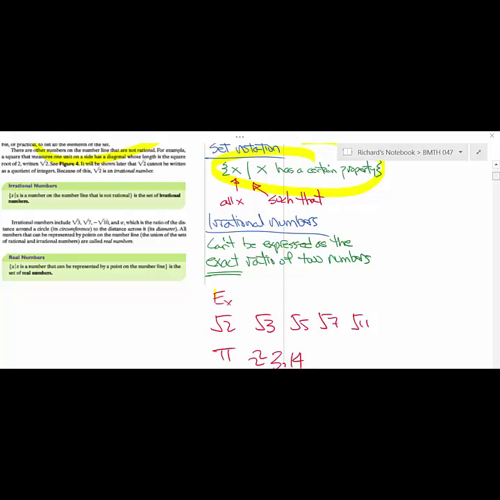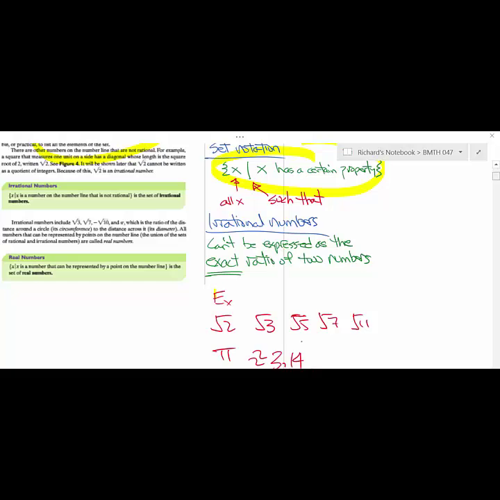Same with something like the square root of 2, the square root of 5, or the square root of 7. 2, 3, 5, 7, 11 are numbers that don't appear in any times table because you can't take any two numbers other than 1 and the number itself and multiply them together to get 7, for example. 2 times 3 is 6, 2 times 4 is 8, but nothing multiplies together to make 7. 7 is called a prime number, same with 11 or 3 or 2.